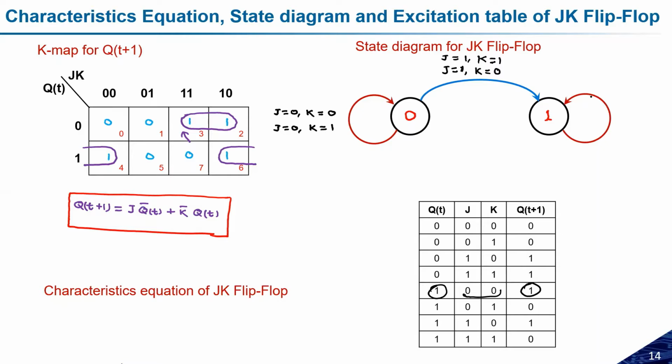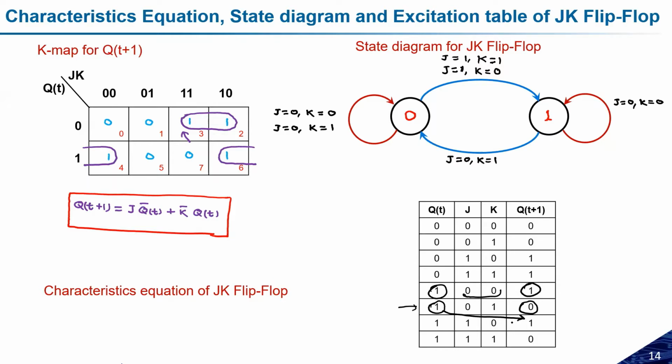In the next case, if Q(t) is equal to 1 and J is equal to 0, K is equal to 1, so I'm changing the state from 1 to 0. So 1 to 0 change will be there, and the case is J is equal to 0 and K is equal to 1.